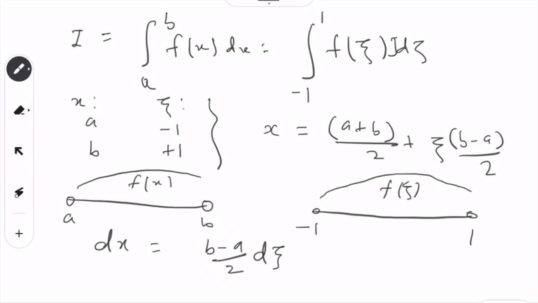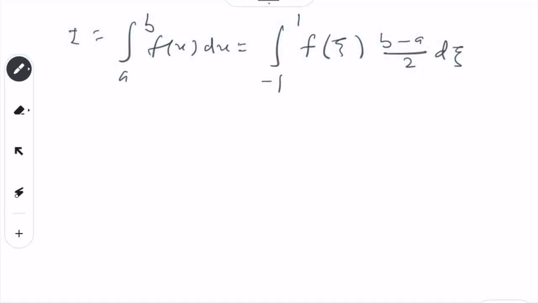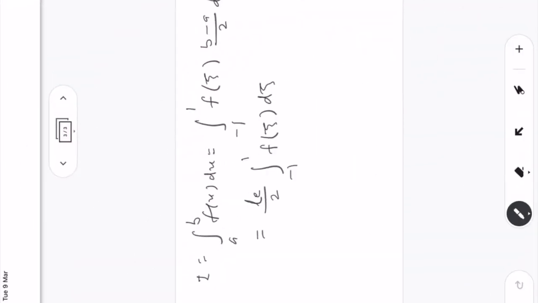So you say J equal to (b minus a) over 2. Okay, so you have this expression, which is nothing but the length of the element, right? So you can write le divided by 2, and then you have the integral from minus 1 to 1 of f(xi) d xi. Okay, fine.